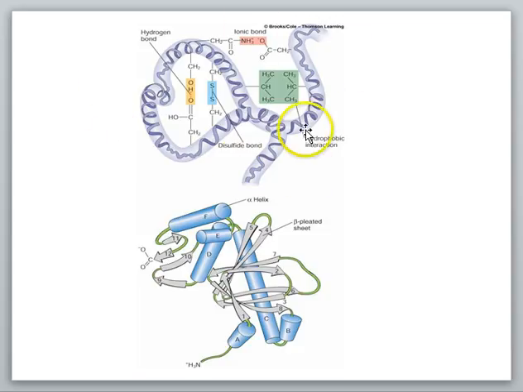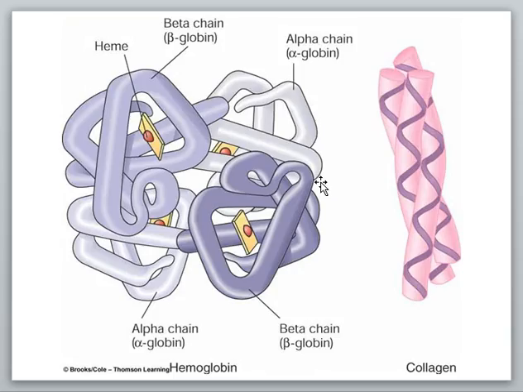Now at this point that we have the tertiary structure, this chain of amino acids has a very specific three-dimensional shape to it, and it is now a protein. Okay. Now some proteins will have this fourth level of structure where we have several different polypeptide chains intertwined with each other.